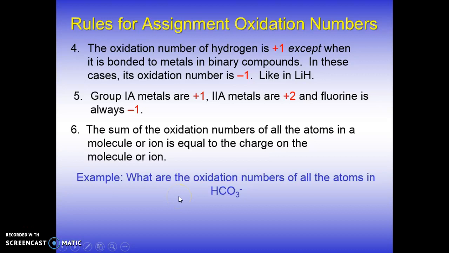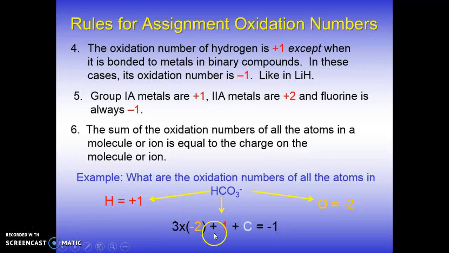Here's the example. So what's the oxidation number of all the atoms? Well, we know that hydrogen's +1. We know that oxygen is -2. So now you have to think about it. Oxygen is -2, and I have 3 of them, so that's a total of -6.